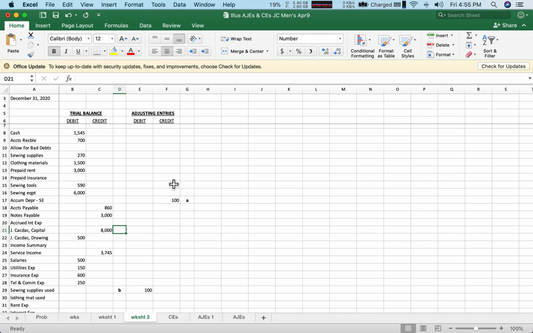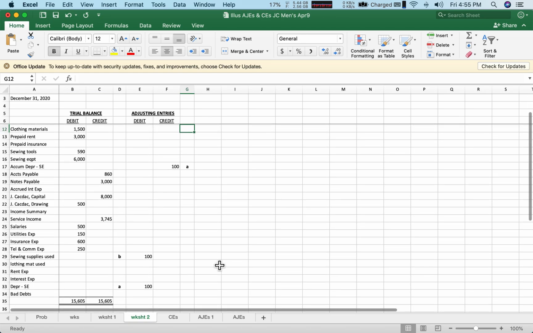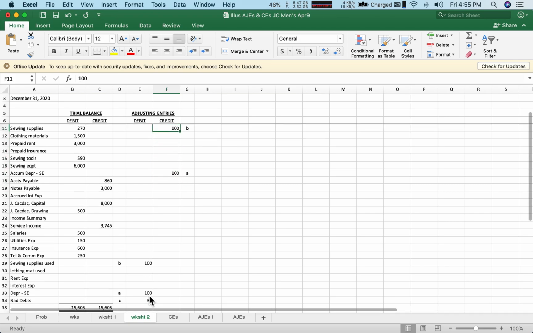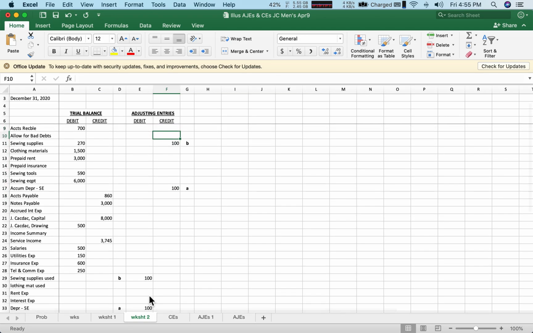Credit is selling supplies. It's 100. B. Okay. Next one is bad debts debit. Bad debts debit is 35. Letter C. Then allowance for bad debts. 35. C.